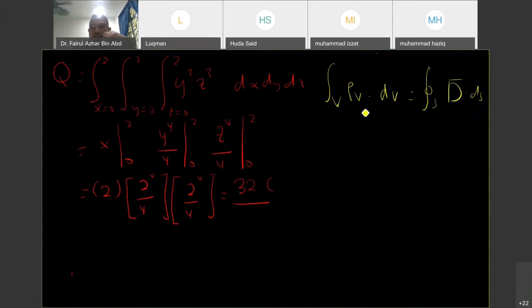In this particular case, having solved this equation, we get the result equal to 32 coulomb, similar to this operation as well. So this tutorial is only to prove that if we use a different style of solving, or a different equation, as long as it is governed by Gauss's law, we will have the same result.